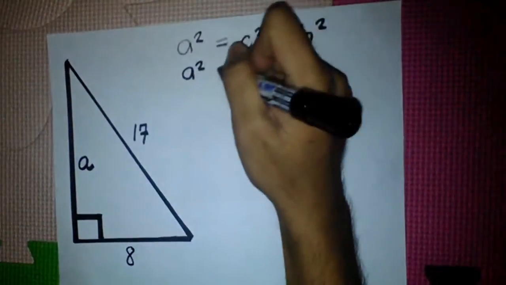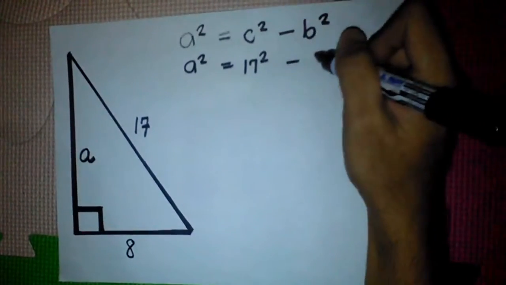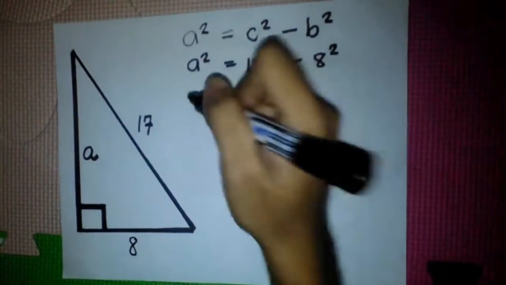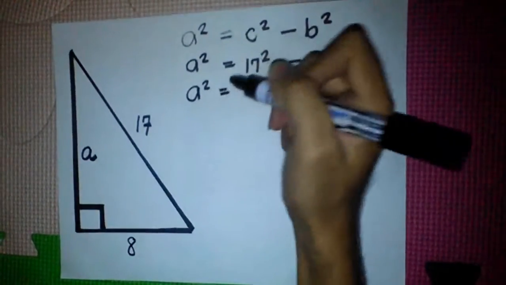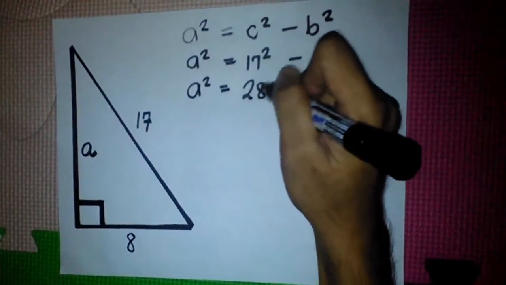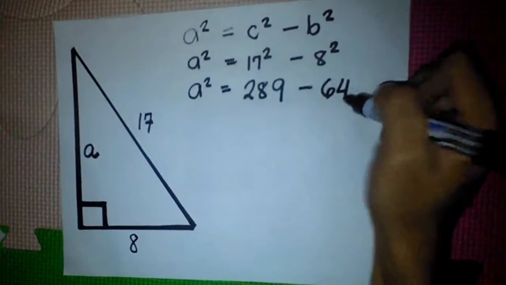Substituting the given values, we have a squared equals 17 squared minus 8 squared. Simplifying further, we have a squared equals 289 minus 64.